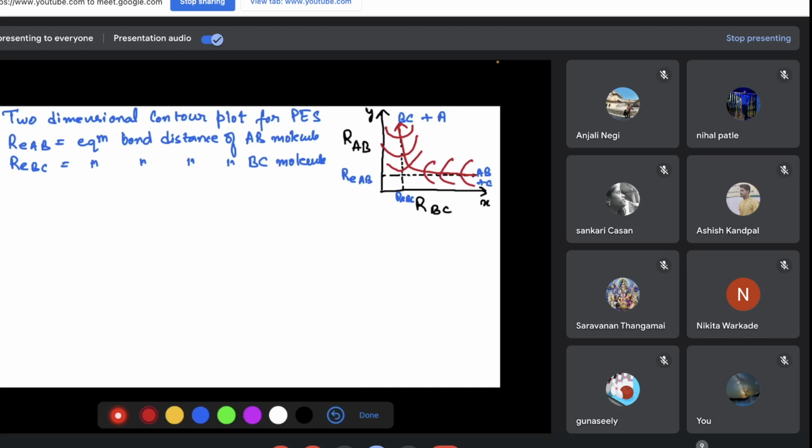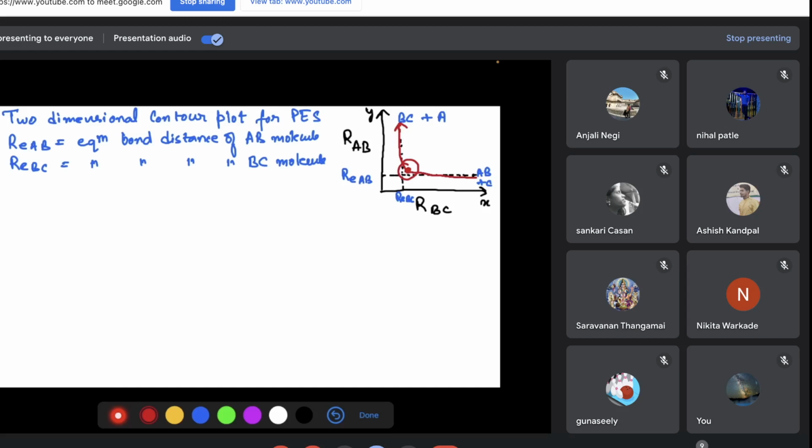So there is one intersection region, so that will be the crossing region for the transition state, correct?